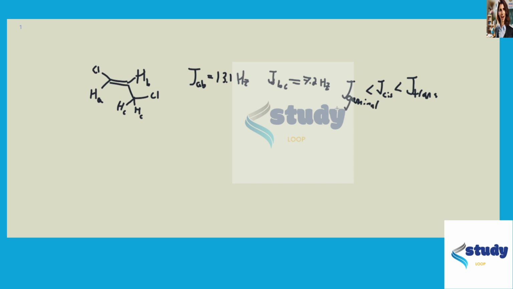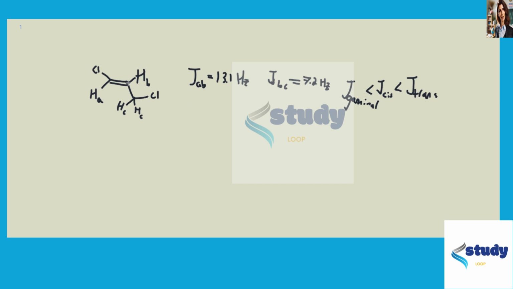protons across the alkene. Geminal protons means that on one carbon, you have two different types of protons. So here we have HB, and on the same side of your alkene, so geminal means on the same side of your alkene on this carbon, we have one type of proton on one side and another type of proton on the other side. This is what we call geminal protons.